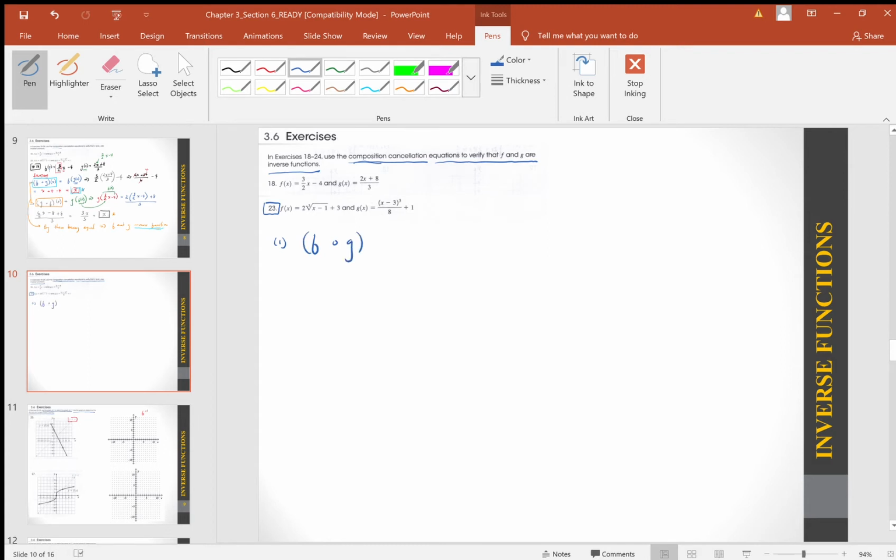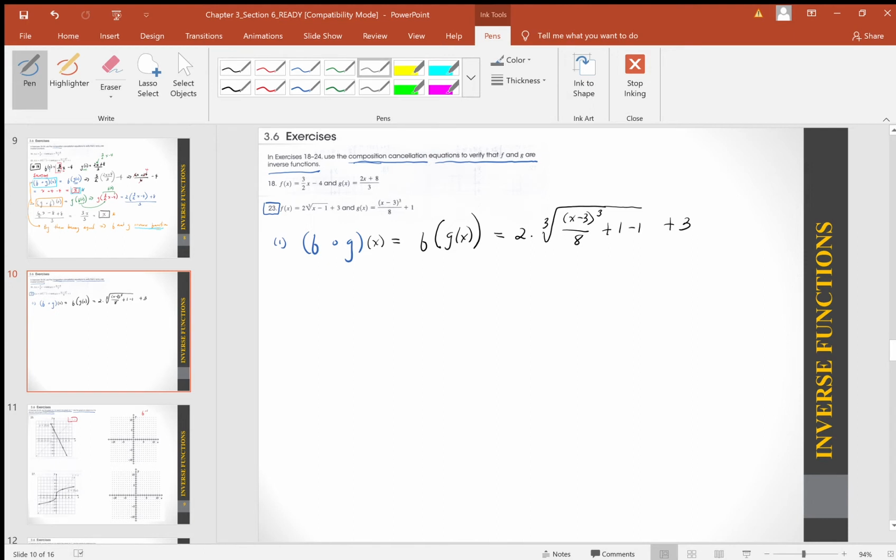And let me use a thinner x equals f of g of x. Okay, and then when we do that, we're typically going to get 2 times the cube root of x minus 3, cubed over 8, plus 1 minus 1 plus 3.